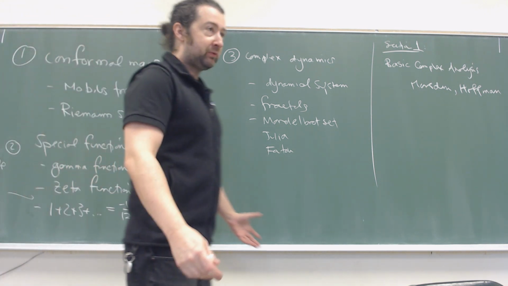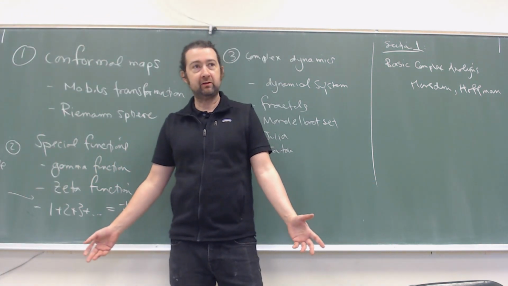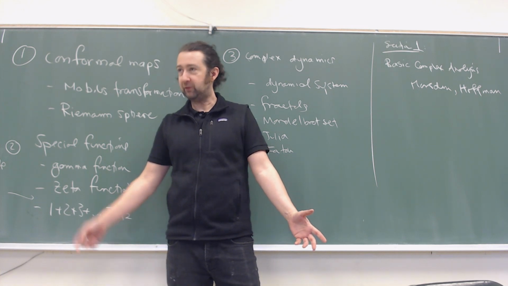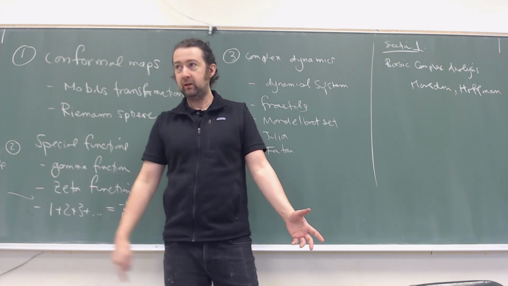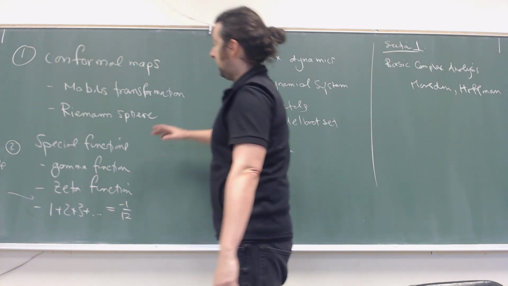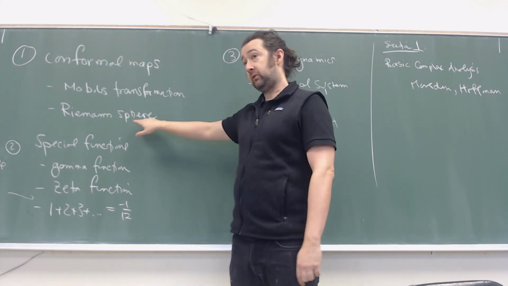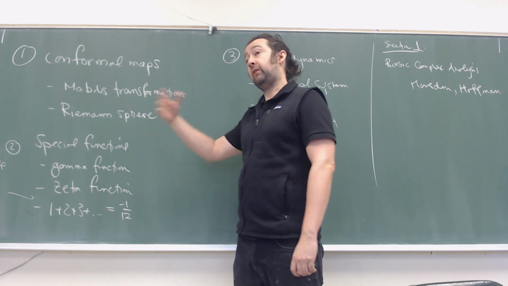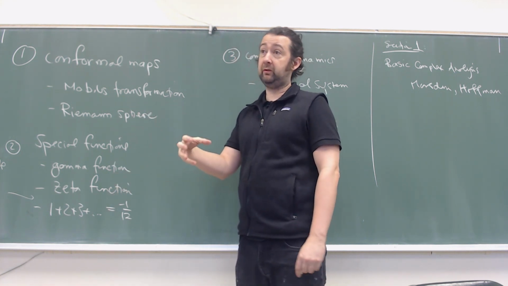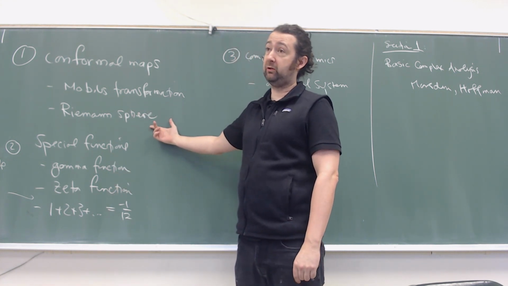Okay, so any organizational concerns before we kick off with doing some math today? Anything I can answer? Yep. Is that book going to cover all of these things? No, so I'm going to use that book to talk about these things. And actually, when I do the Riemann sphere, Riemann surfaces, I might have to use a different source, because there are some topological and algebraic ideas that show up here.